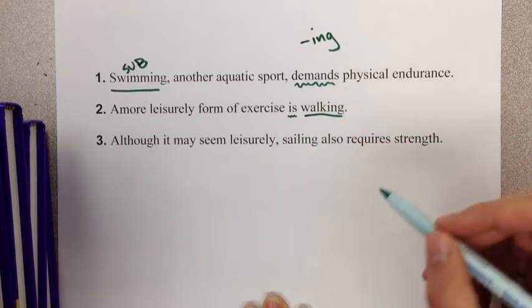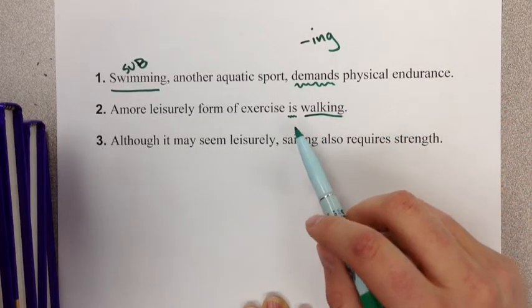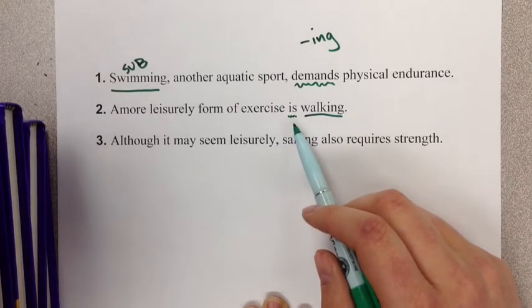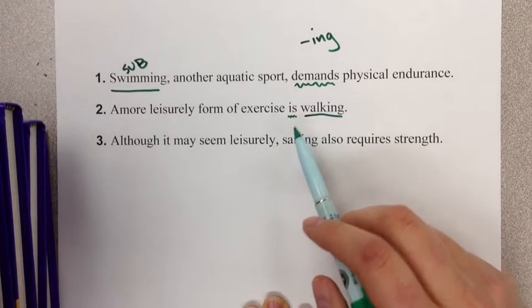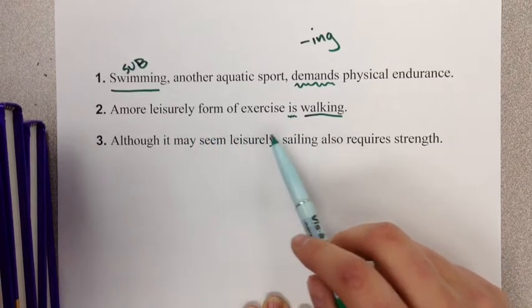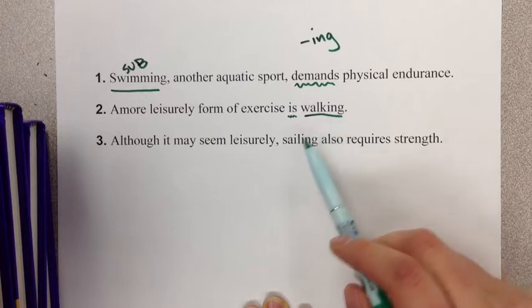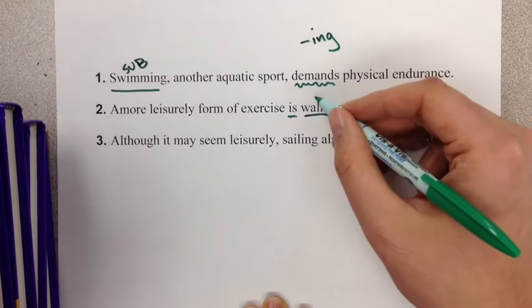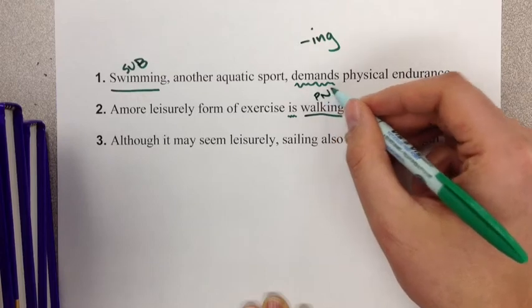Now a linking verb is a verb like this one, the state of being verb is. And what a linking verb does is it connects the subject here, leisurely form, with something else. In this case, they're giving it another name. That makes this what's called a predicate nominative.